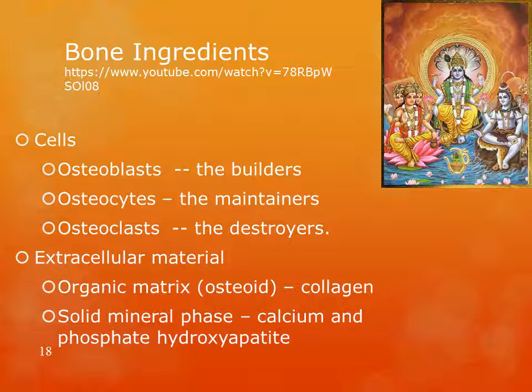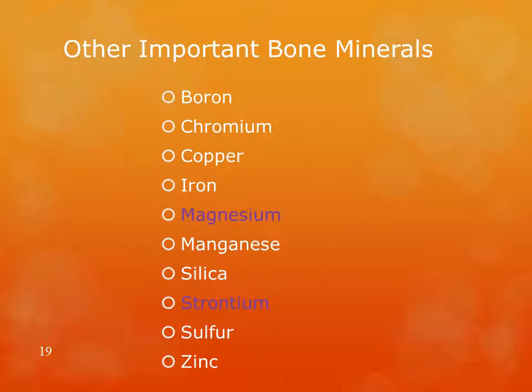The cells will be there doing their work, and you'll have this dynamic bone tissue. There are a lot of other minerals that are important to think about. We always talk about calcium, but please recognize magnesium, strontium, and the rest of this list are also important components of bone, and so important components of our diet.